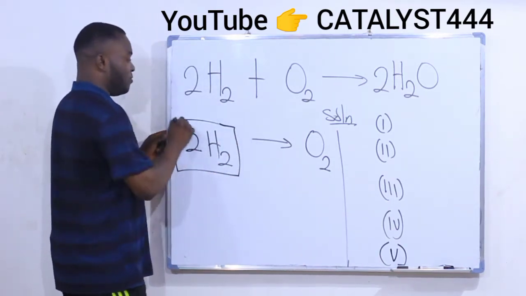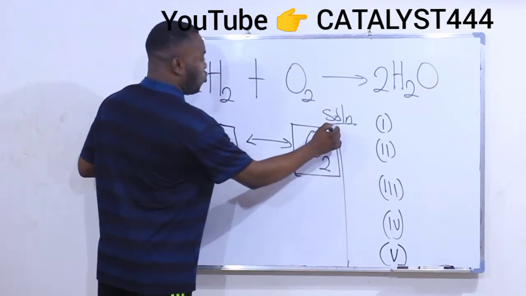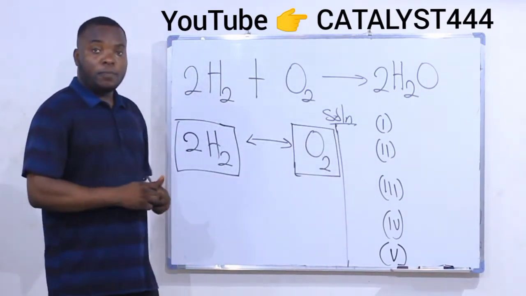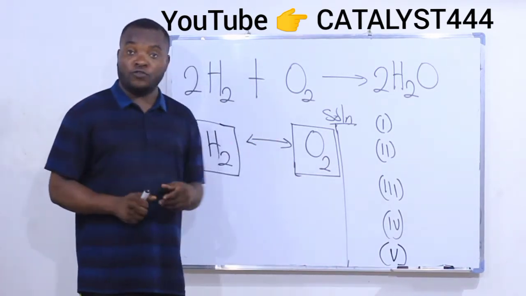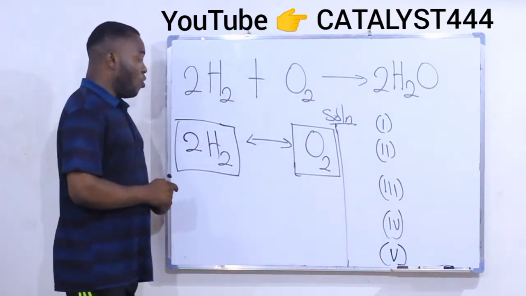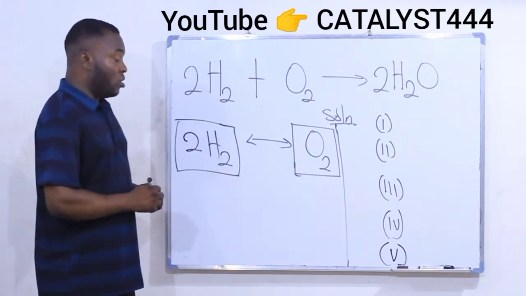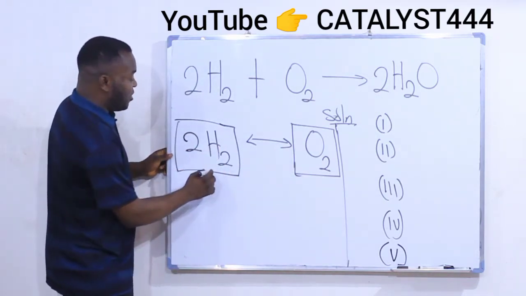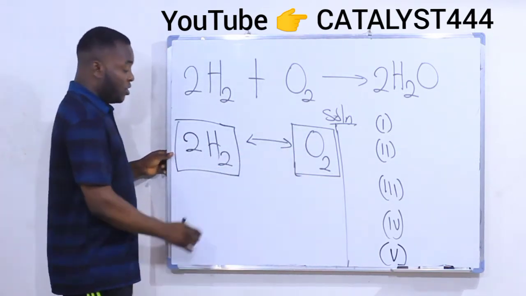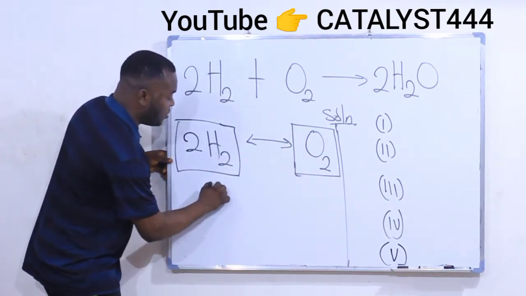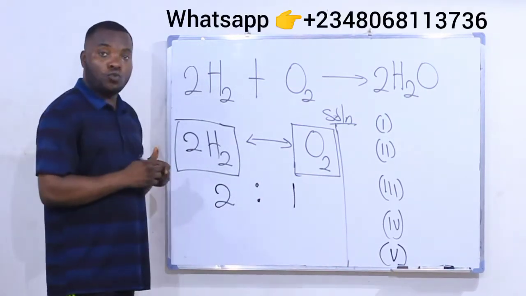I have done that. Now, step 3 says, find out the quantity relationship between the 2 substances you brought out from the equation. Now, what do I mean by that? I will compare their moles. The mole of hydrogen gas here is 2, while the mole of oxygen is 1. That means the ratio of their mole is 2:1.